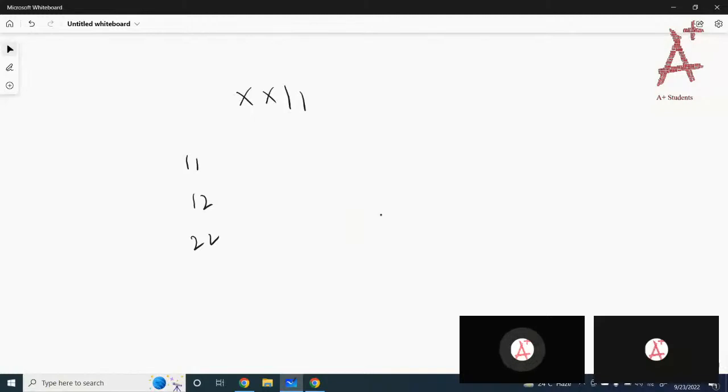So which is the correct option? X is for 10, then again X is for 10, and then I and I is for 1 and 1. So 10 plus 10 makes 20, and 20 plus 2 makes 22. Got it? So it is 22. So the third option is the correct one. So select the correct option and click on the OK button.